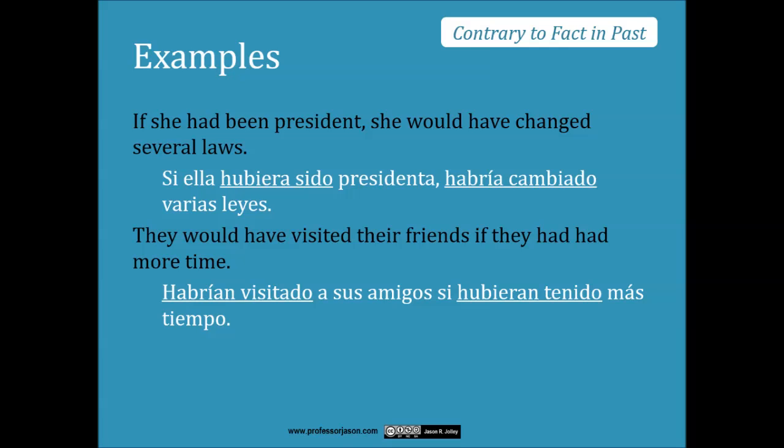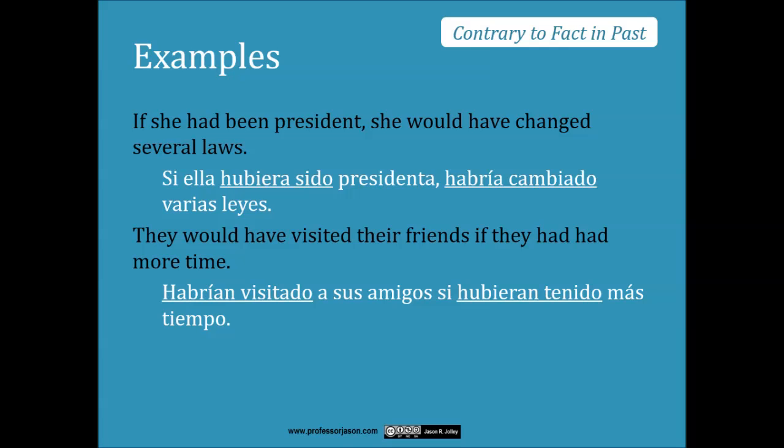Si ella hubiera sido presidenta, or hubiese sido presidenta, habría cambiado varias leyes. They would have visited their friends, but they didn't. If they had had more time, habrían visitado sus amigos si hubieran tenido más tiempo. Again, I have flipped the order of the if-then clauses, right? I could also say, si hubieran tenido más tiempo, habrían visitado a sus amigos.